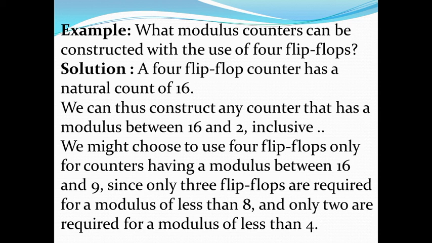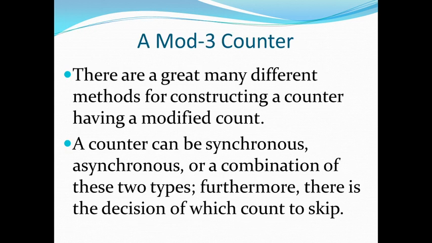We might choose to use 4 flip-flops only for counters having a modulus between 16 and 9, since only 3 flip-flops are required for a modulus of 8 or less and only 2 are required for a modulus of 4 or less. Now, we will be studying specifically the mode 3 counter, which is a modified counter. There are a great many different methods for constructing a modified counter.